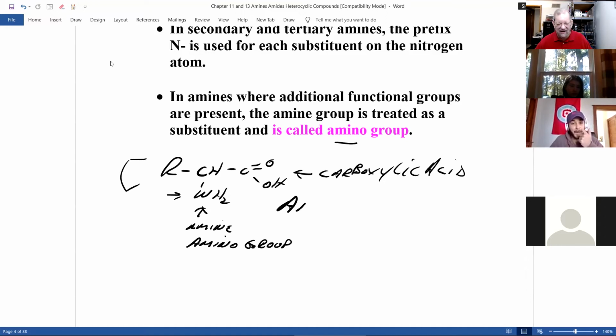I'm going to call that an amino acid. Later in the semester, I'll be teaching you about amino acids. Amino acids are molecules that have an amine group plus a carboxylic acid, and they're quite important for life on this planet, like you and me.